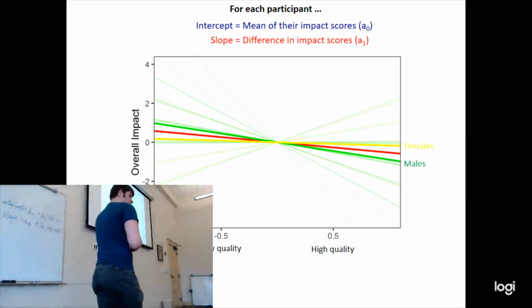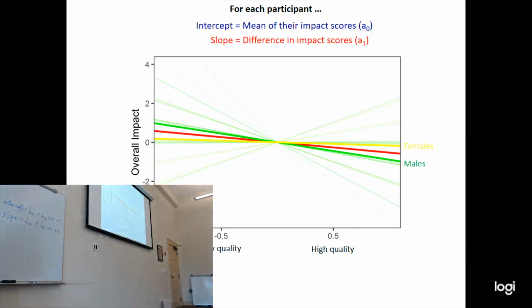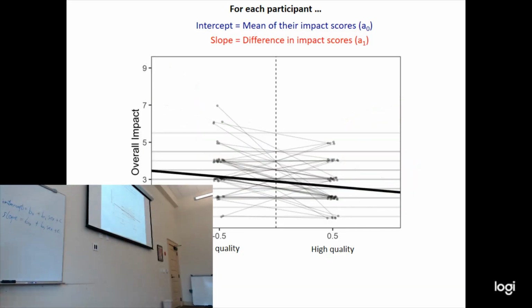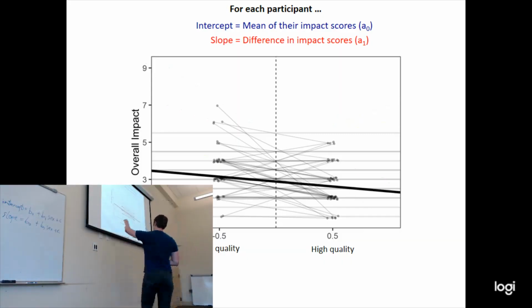And this is what you get. This is a combination of information about intercepts and slopes. It's a little bit busy, which is why I started with the previous graphs.